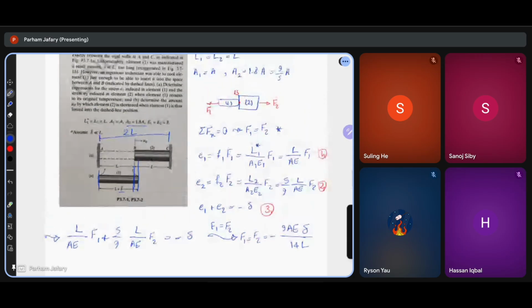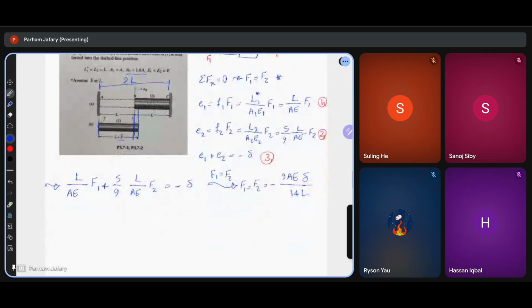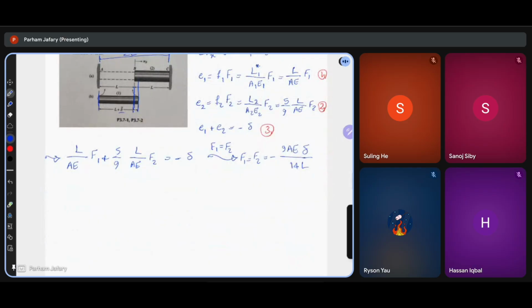Now, what are we solving for? The question is asking us to determine the expression for the stress sigma 1 induced in element 1 and the stress sigma 2 induced in element 2. Now that I have the forces acting on elements 1 and 2, I can write the expression for the stress.